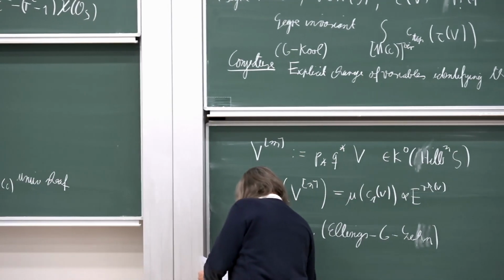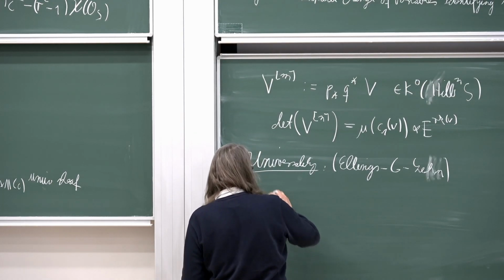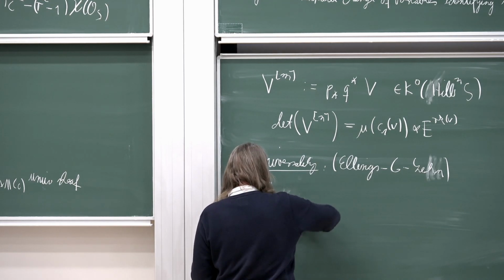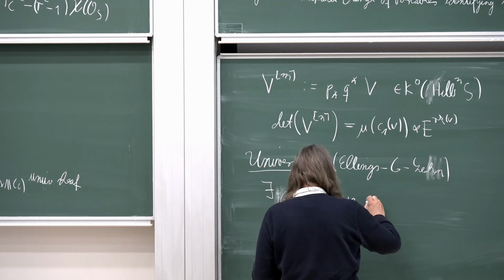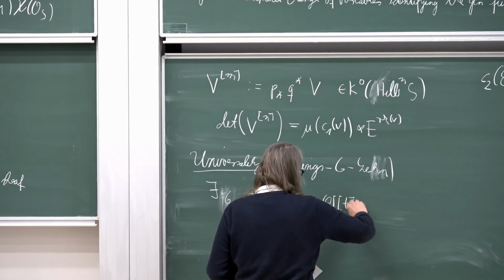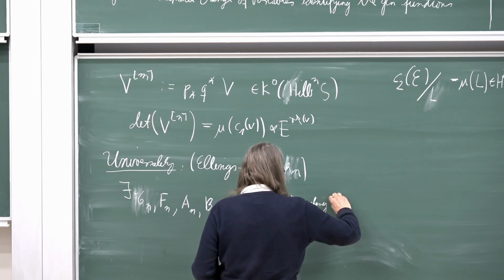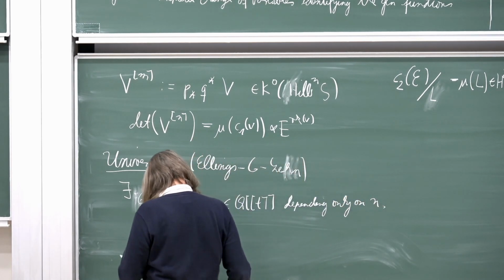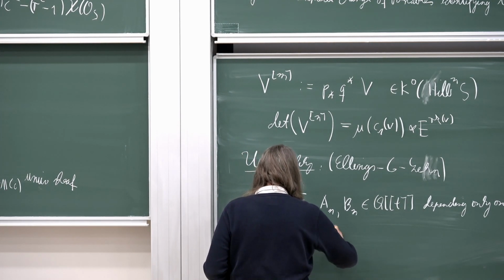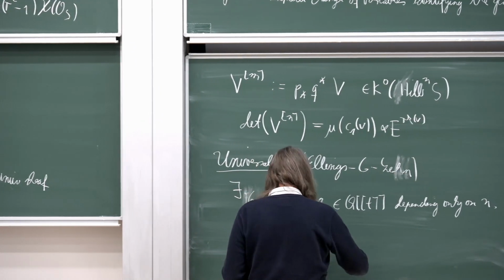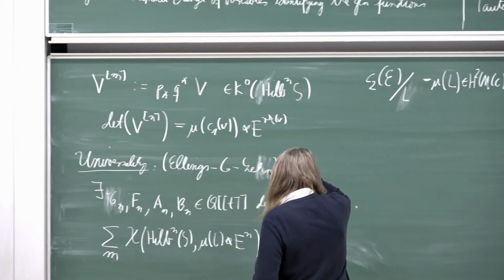So in that case, we have the following universality, namely there exist some universal power series F_n, G_n, A_n, D_n, which are power series in a variable t, which depend only on n, such that if I take the sum over all m of the holomorphic Euler characteristic on the Hilbert scheme of m points of this mu of L tensor e to the n, this is just given by the product of these things.